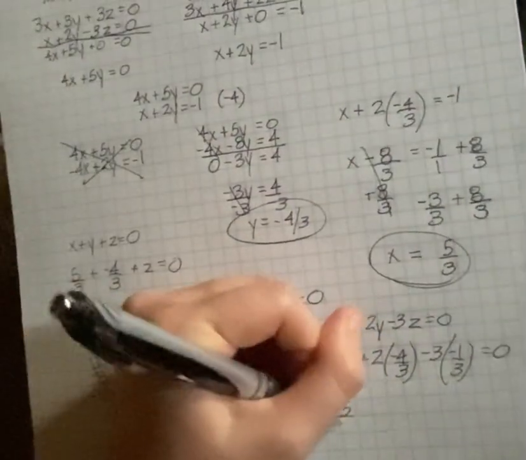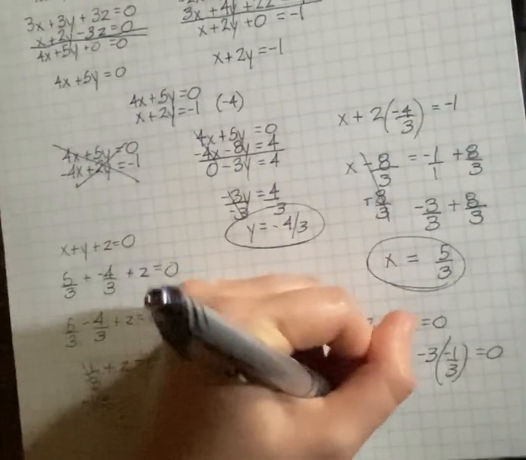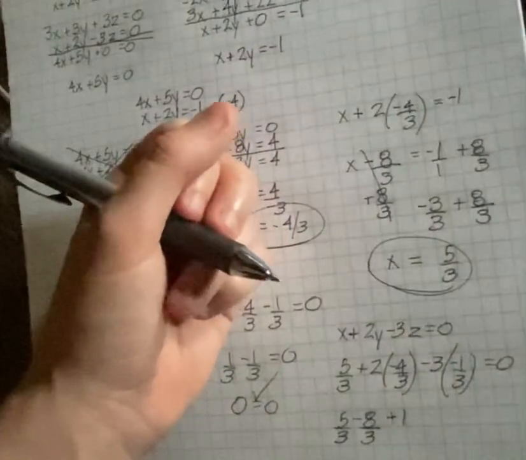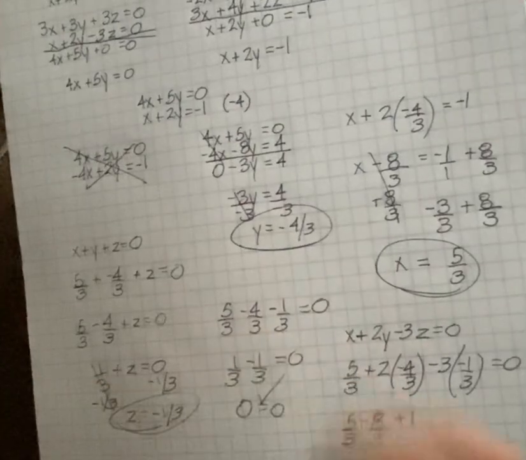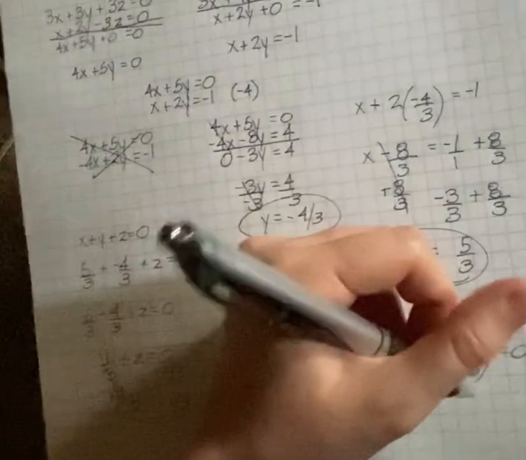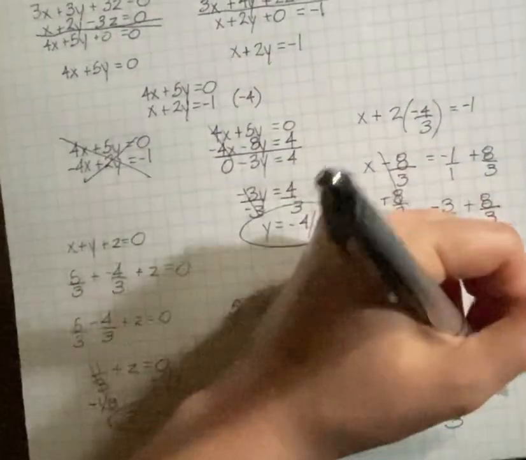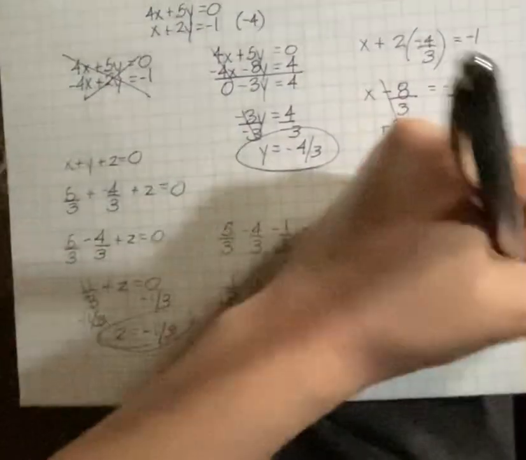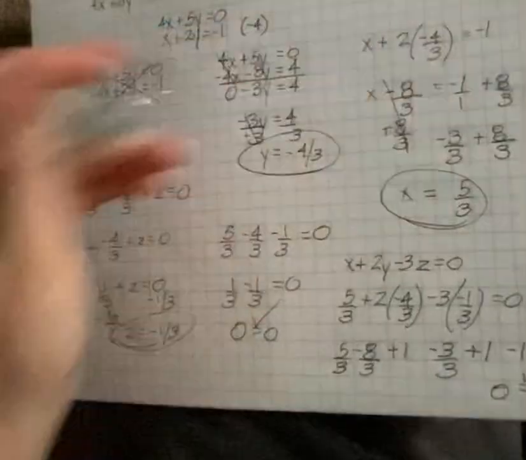Well, we've got 5 over 3, okay, and then negative 8 over 3, and then a positive 1, believe it or not, because this 3 and this 3 cancel, and negative is a positive, so we're left with positive 1. 5 minus 8 gives us negative 3 over 3 plus 1. Negative 3 over 3 is just negative 1 plus 1, which is 0. So 0 equals 0 there. We're good there.